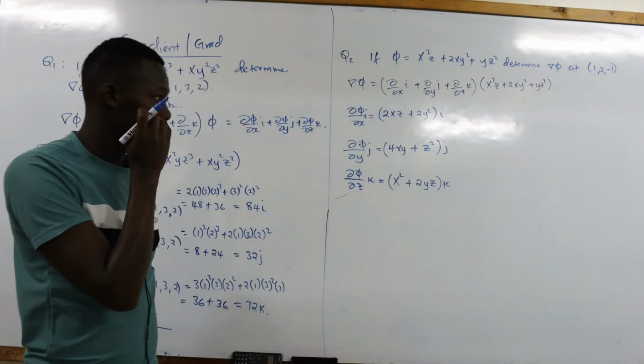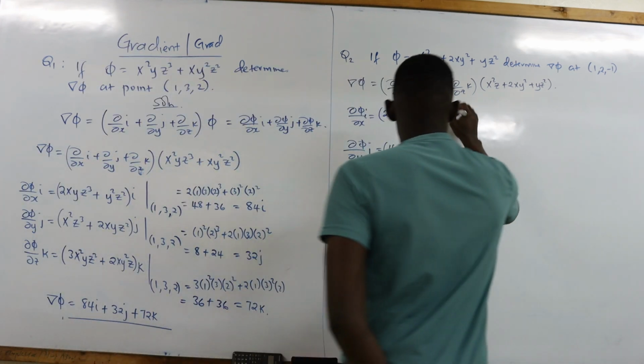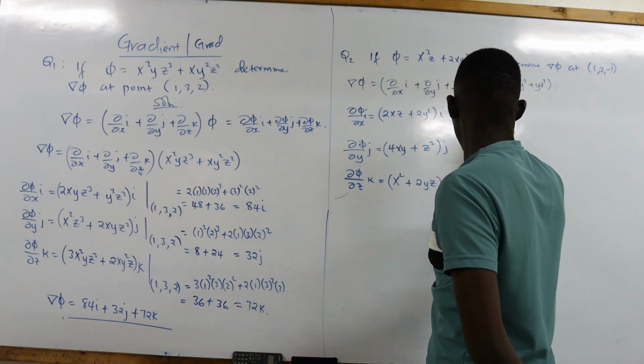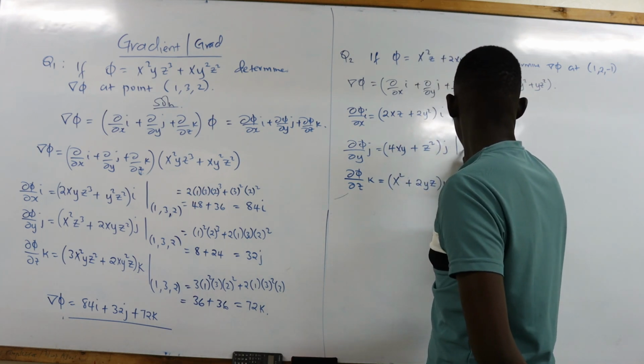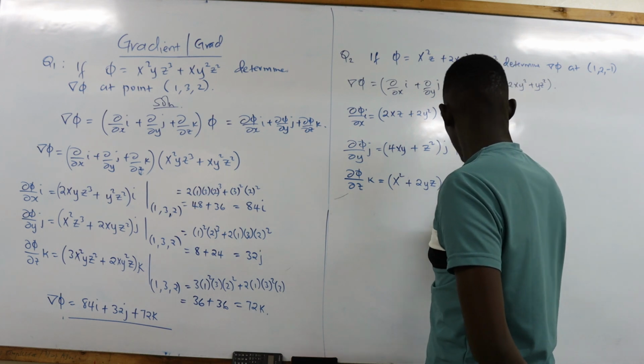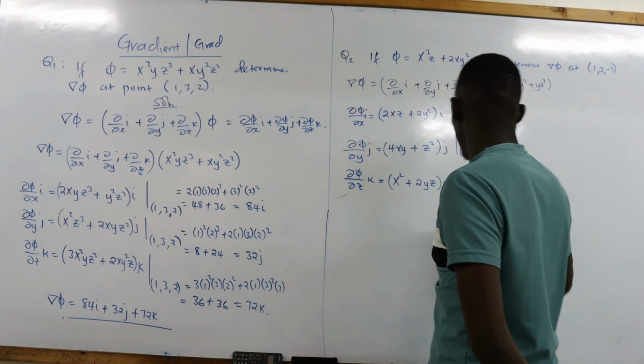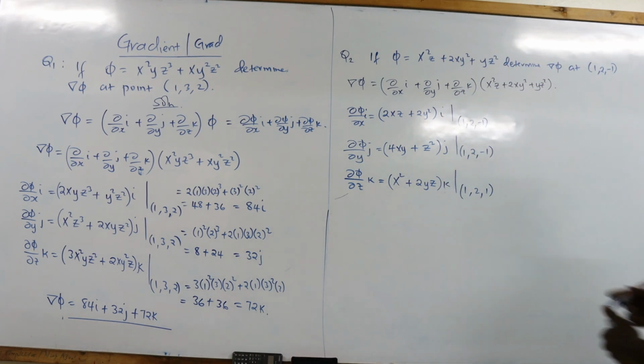Then we just input our limits. Again, I always put it here so that we can have a consistency. So 1, 2, -1, this means at this particular point. Okay, yes.